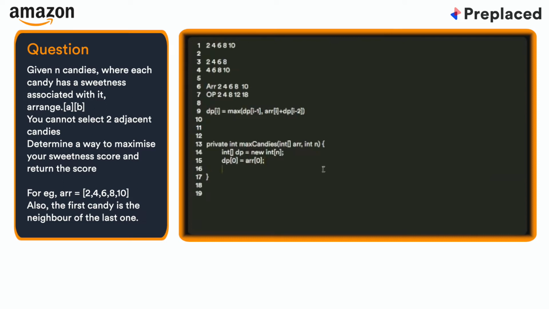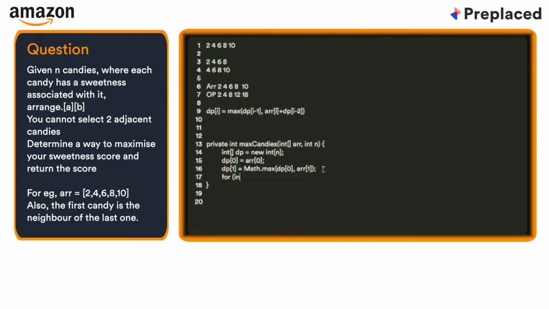Then if I have two candies, dp at index 1 will be math dot maximum of dp at index 0 or array at index 1.